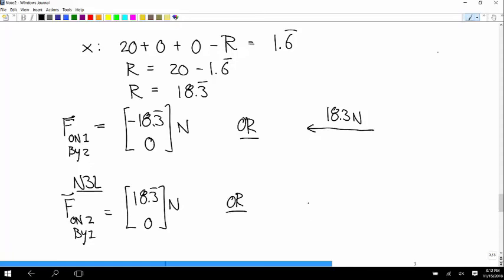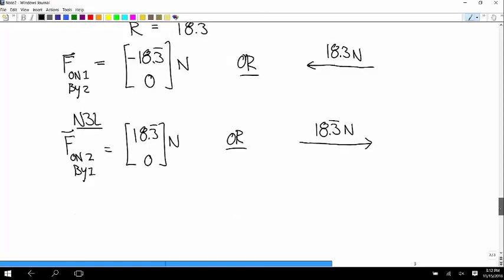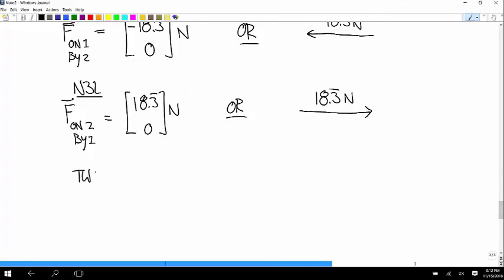Or you can keep the magnitude the same and switch the direction of the arrow. So that's two different approaches. Same answer. Any questions about that?